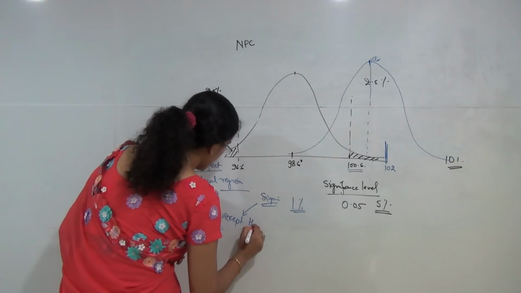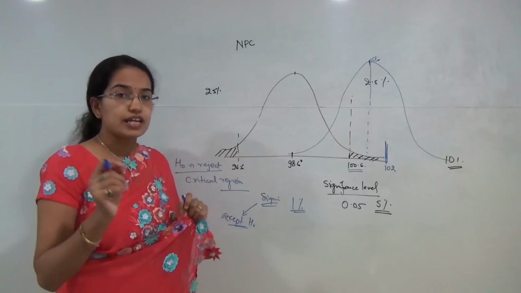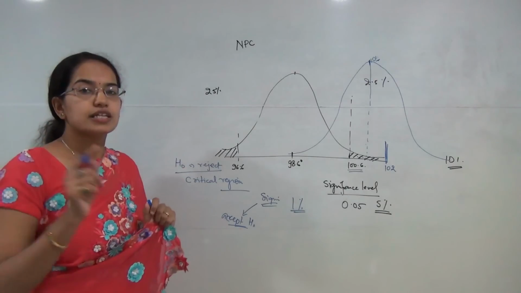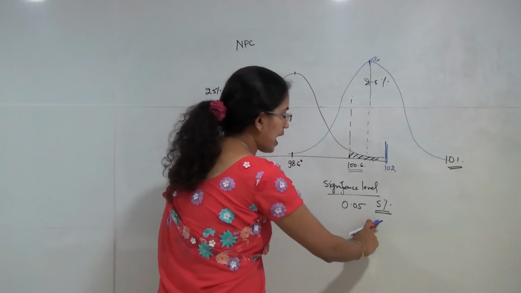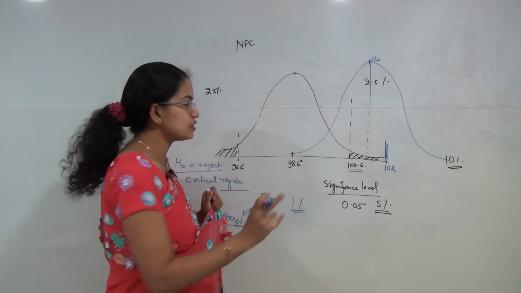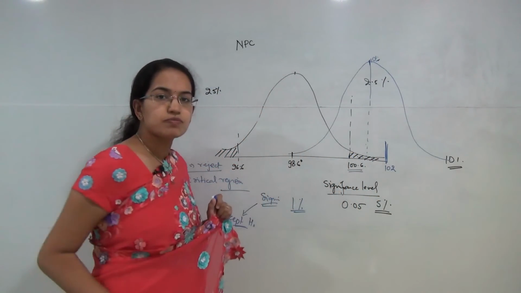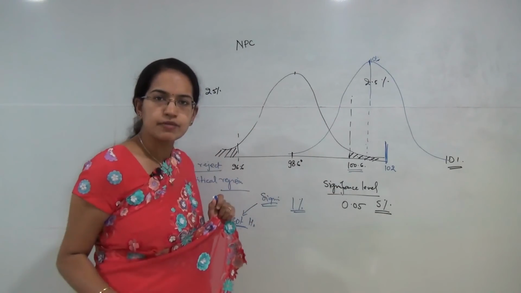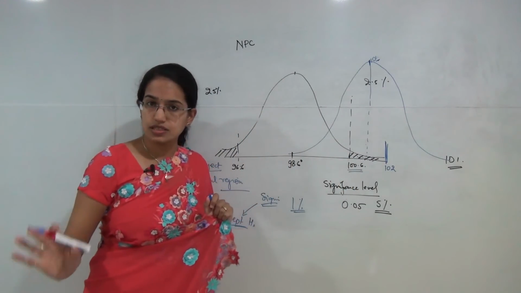So that's very, very important. Where you set your significance level is very, very important before you either accept or reject the null hypothesis. I repeat again, if I have a 5% level of significance, my values would lie in the critical region that I have demarcated, beyond 100.6, and therefore I would say my null hypothesis is rejected.